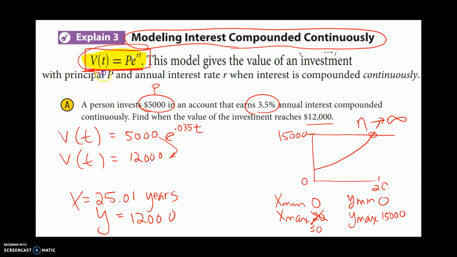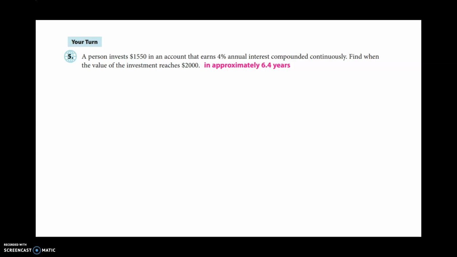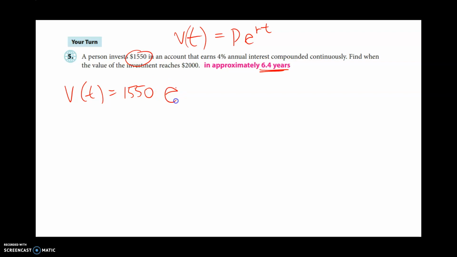Now, these equations up here, folks, you're not going to have to memorize them, but you will have to know when to use them. So here's another example. Now, this is the right answer. Let's make sure we can get it. So our compounding continuously is the value at time t. I always call it PERT, P e to the rt. So the value at time t, here's our principal, 1550, e to the 0.04t.